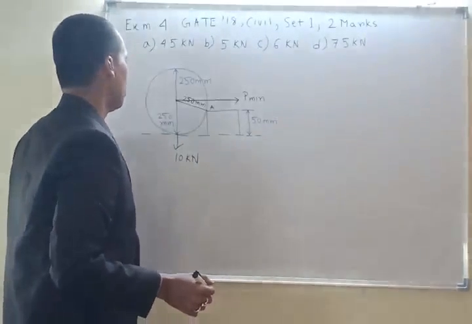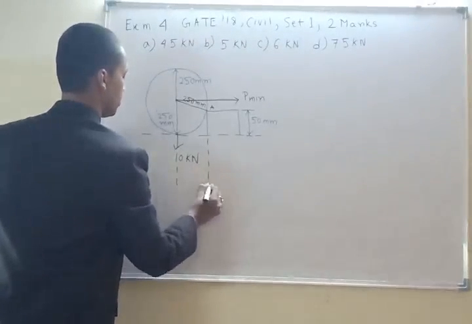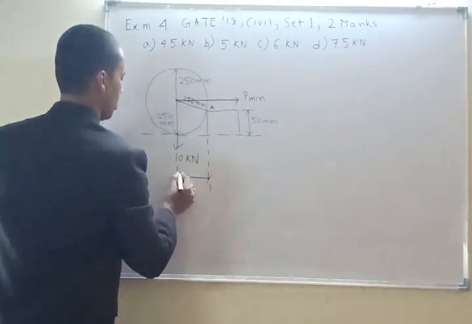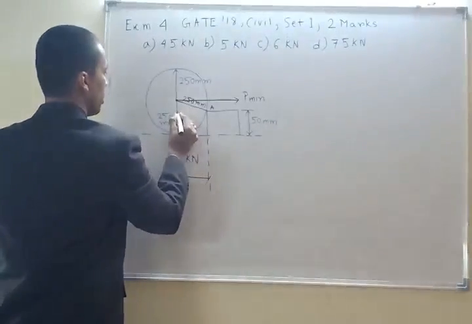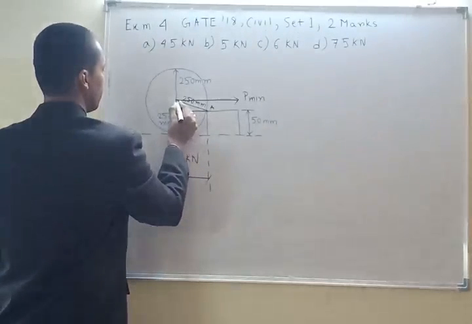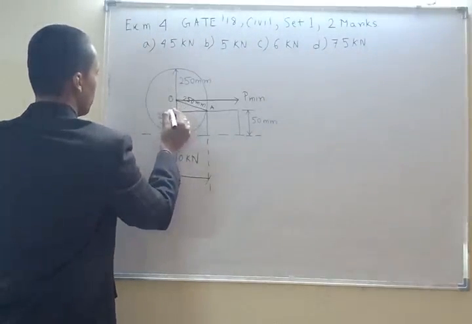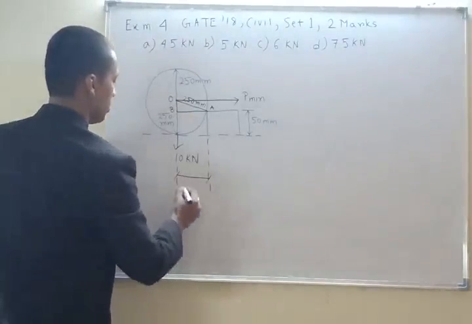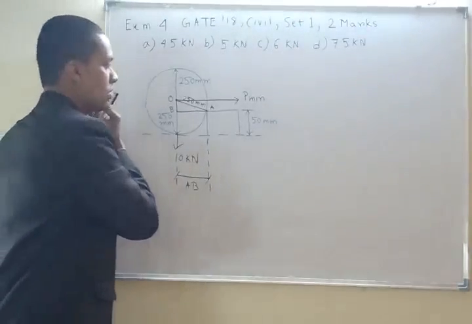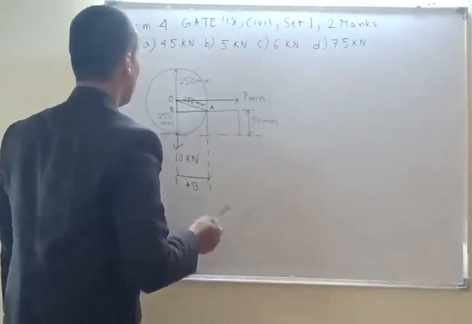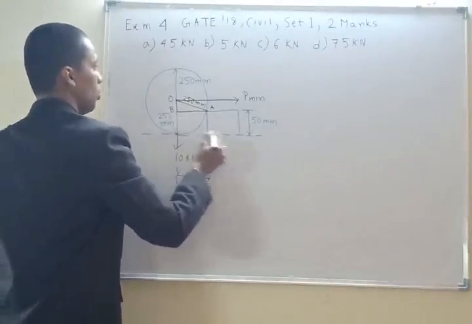So what is the perpendicular distance? This is the perpendicular distance. I am drawing the triangle here. This is say O and this is B. This distance AB. This distance OA is 250. This distance is the OB.